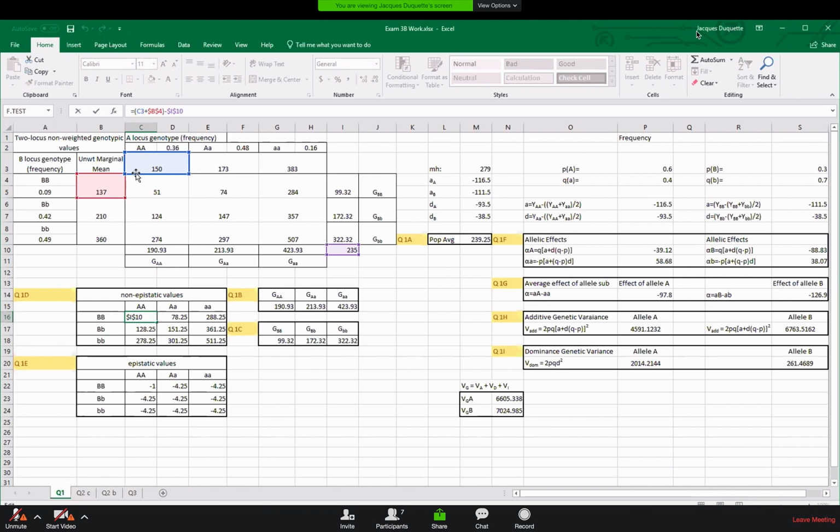I mean, I don't know why I still had mine set up the old way, but that should be the same thing, just decimals, so slightly different. It should be basically 136 plus 150 minus 235. And what's the value you're getting?